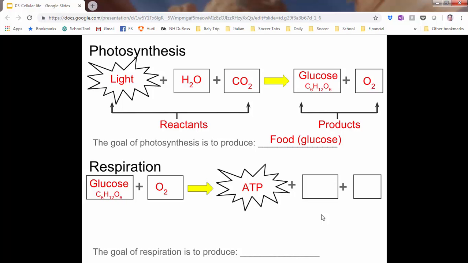ATP is basically the type of energy our cells can actually use. For example, the foods we eat all contain energy in the bonds between the different molecules. However, to actually use that energy to do work, our cells need it converted into this form called ATP.